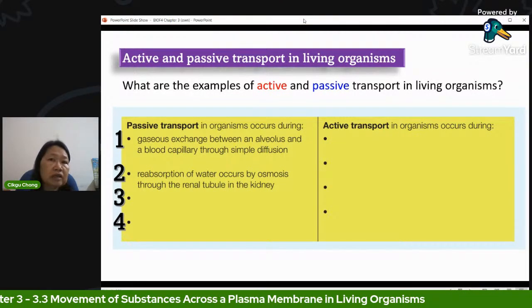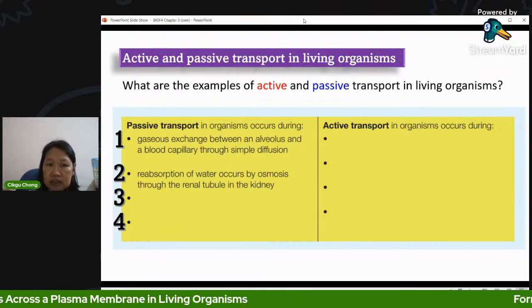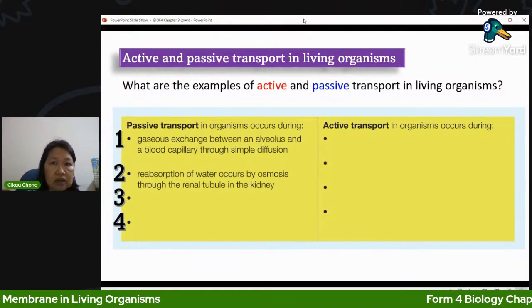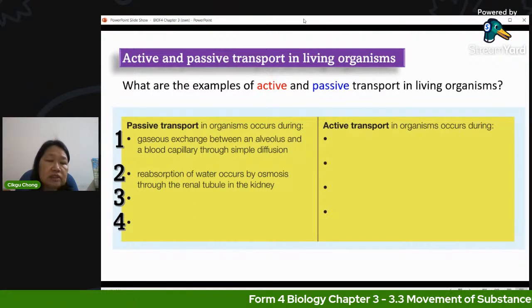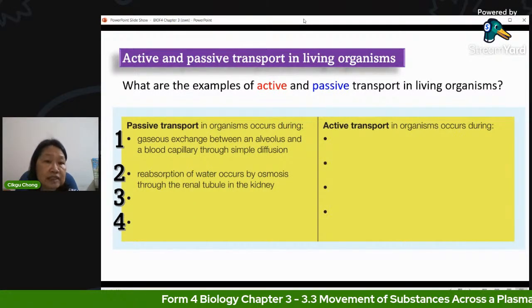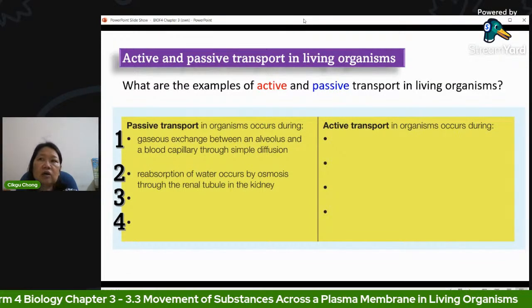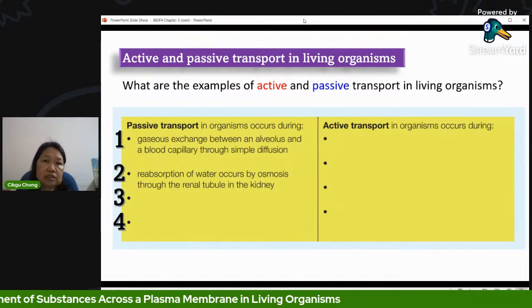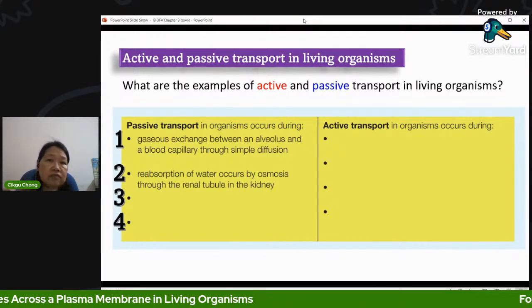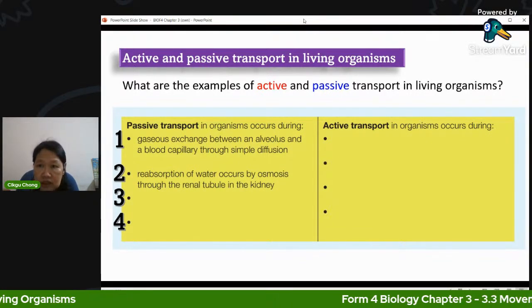We have to take back some of the water. That process of reabsorbing water back into the blood from the kidney uses osmosis. So every time you see the word reabsorption of water, or diffusion of water, it is actually osmosis. Osmosis is just a very fancy word for the diffusion of water.